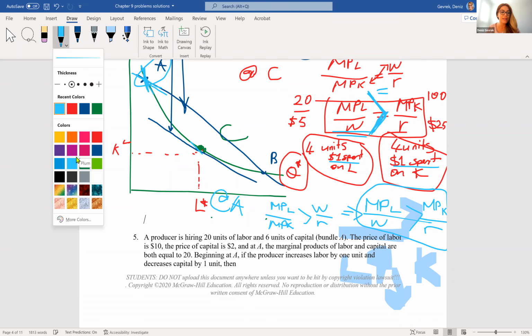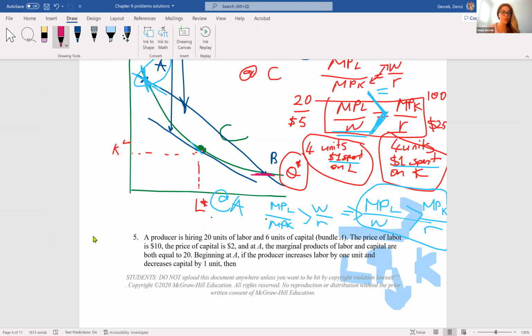Okay, so let's look at another point. The other point is, let's pick plum color. So point B, look at point B. At point B, something different is going on. The slope of my isoquant is flatter at point B compared to this dark blue line, which is my isocost.